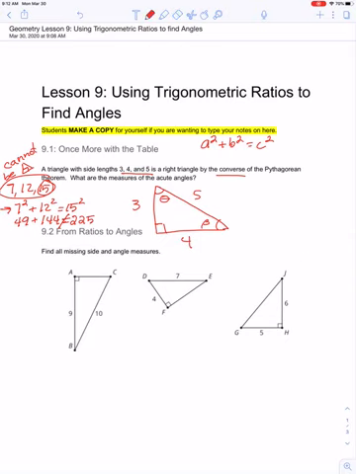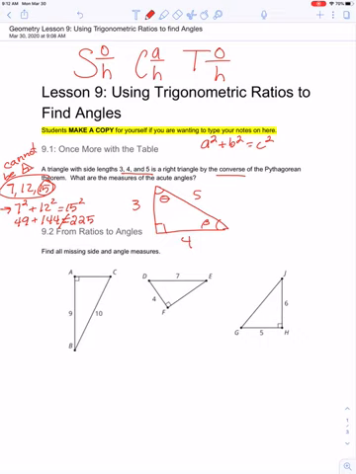To find theta, what we've talked about so far is SOH CAH TOA. And if you understand this question, all we've looked at so far on trigonometric ratios is how to find side lengths. We haven't yet really found angles.